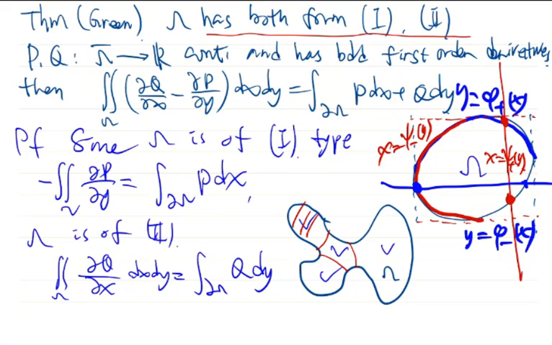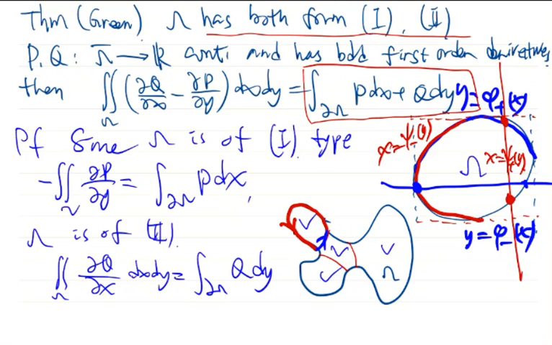The boundary, for example, of this piece consists of part of the boundary of omega, that is this red part. It also has this part. You also need to contain the curve inside the domain omega, that I draw in blue. So this will affect the line integral on the right hand side of the formula.